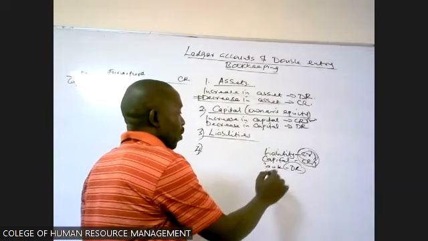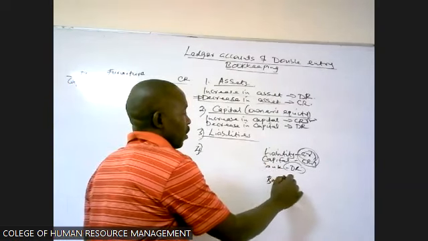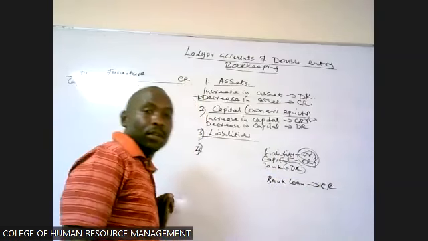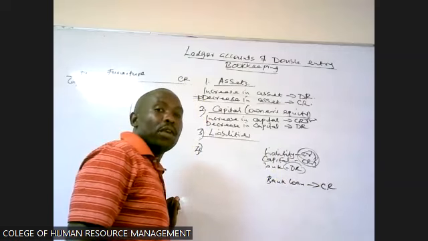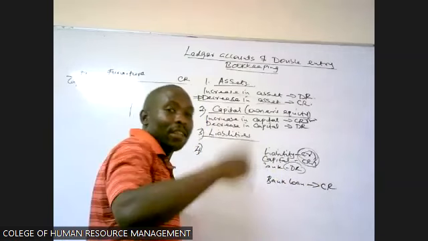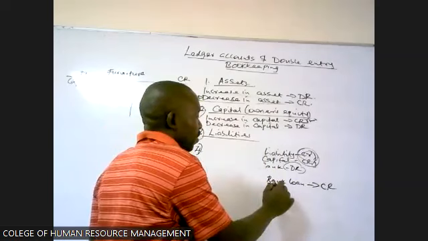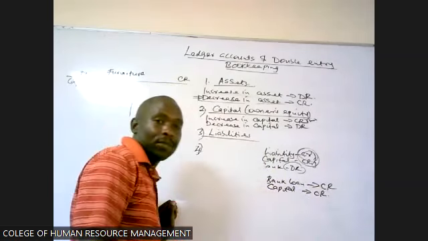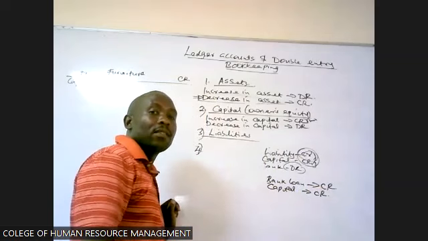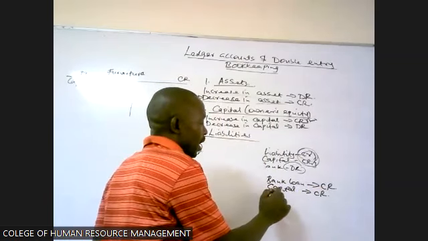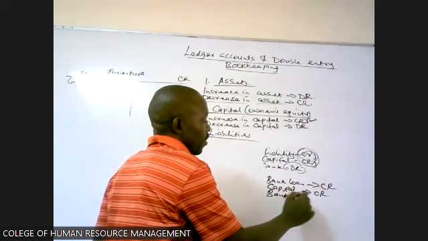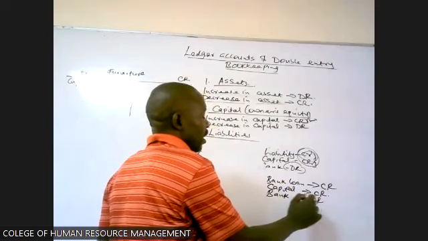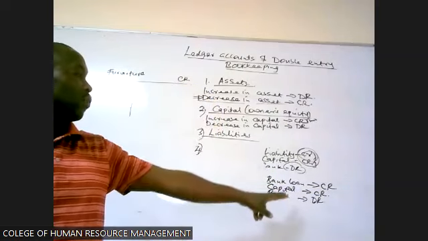The moment you borrow, we shall have the bank loan. This is where we have borrowed from. Then we have borrowed that money to start the business. Anytime you start the business, we are supposed to open the capital account. That loan has been received in the business in the bank because we received a check towards that. So we shall debit this one because this is the only debit entry that we are going to have.